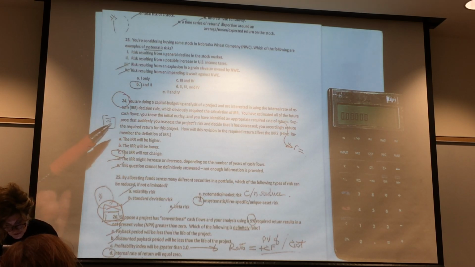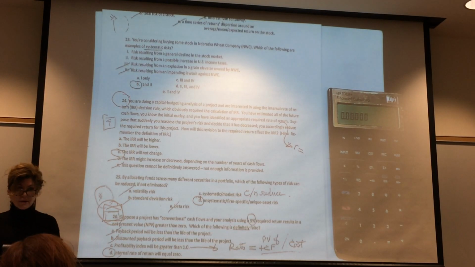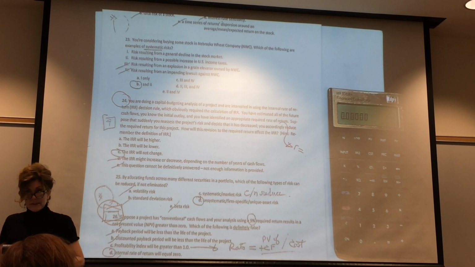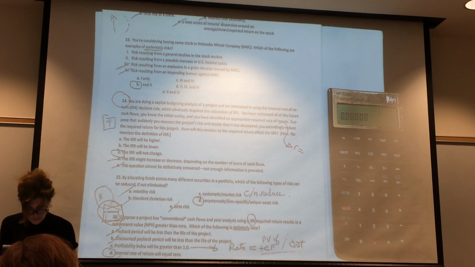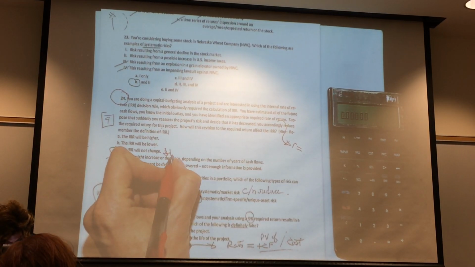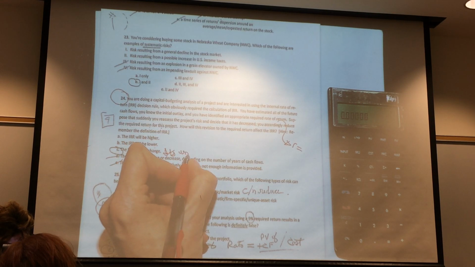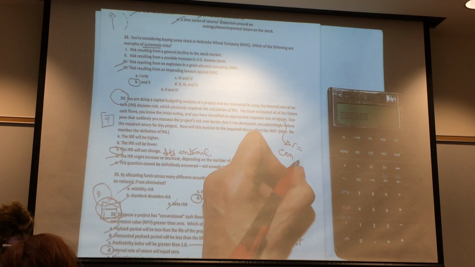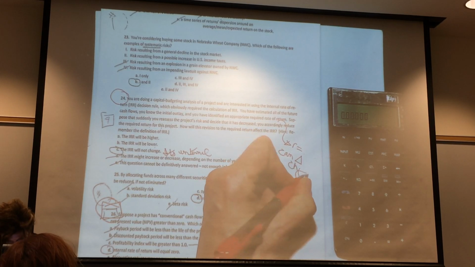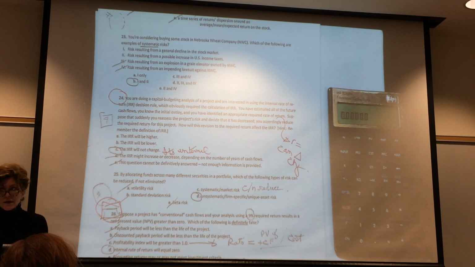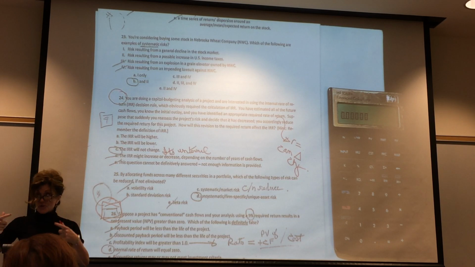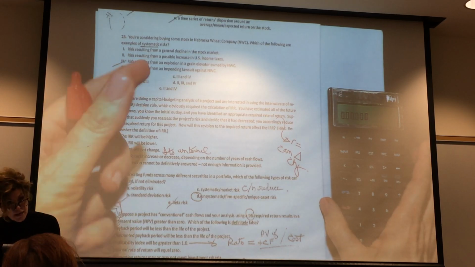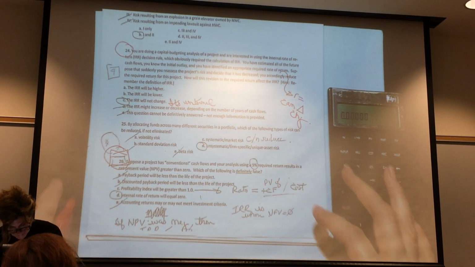You accordingly reduce the required rate of return. How will this revision affect the IRR? Your IRR does not change if your R changes because it's internal. So R can change. The IRR cannot change unless the cash flows change. The cash flows are remaining the same.